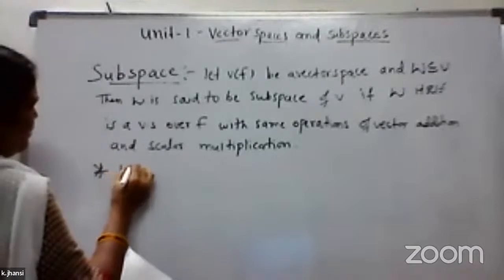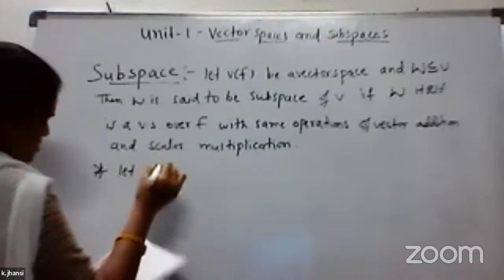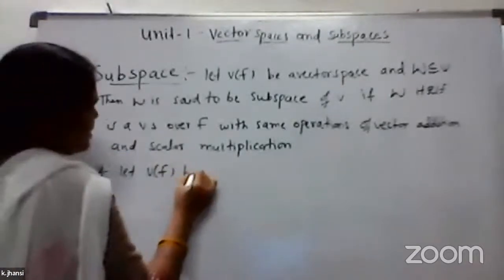So the first necessary and sufficient condition is: let V of F be a vector space.